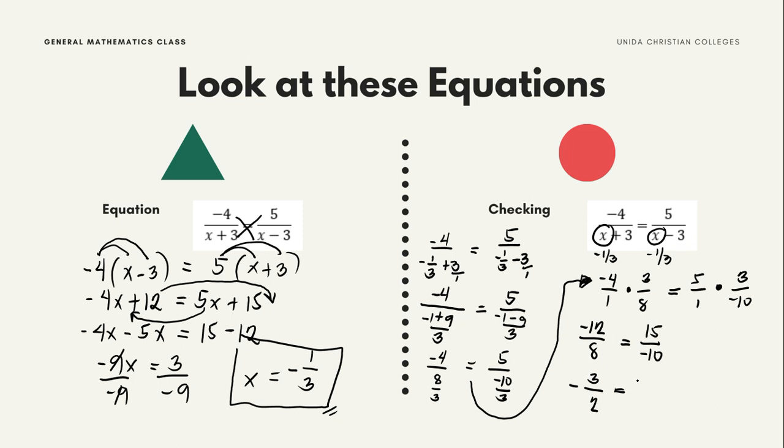So 15 divided by 5 is 3. 10 divided by 5 is 2. Positive divided by negative is negative. And as you can see, they are equal. So it means that the value of your x, which is negative 1/3, is correct. Okay?